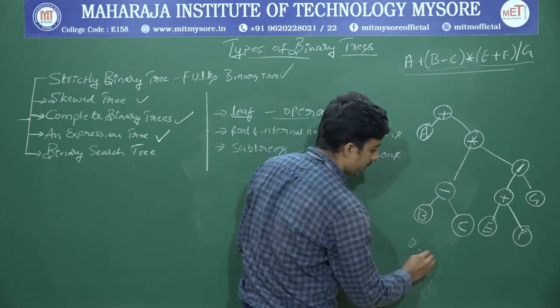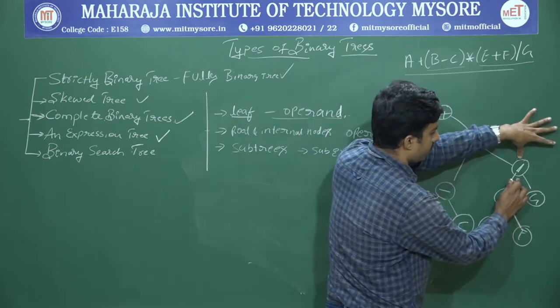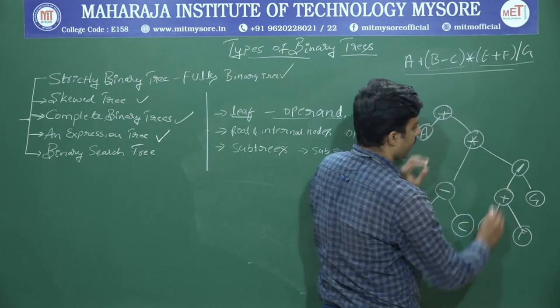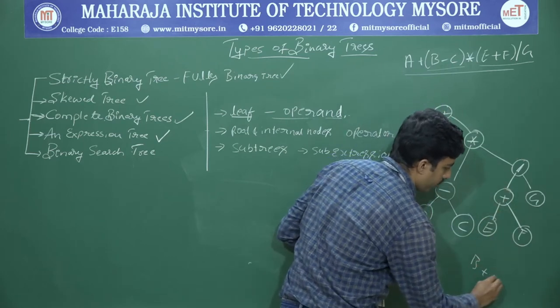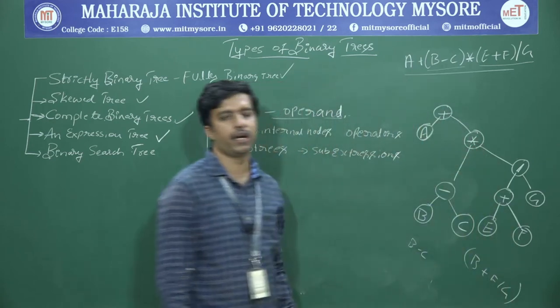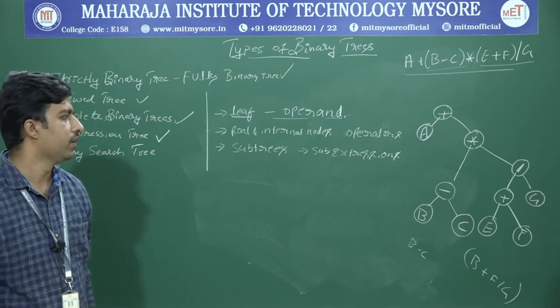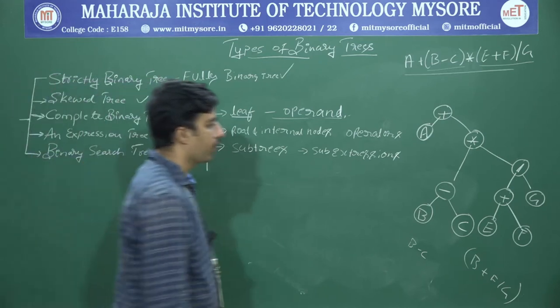B minus c is a sub expression for plus. Here, e plus f whole divided by g is a sub expression, the right sub expression of the star node.